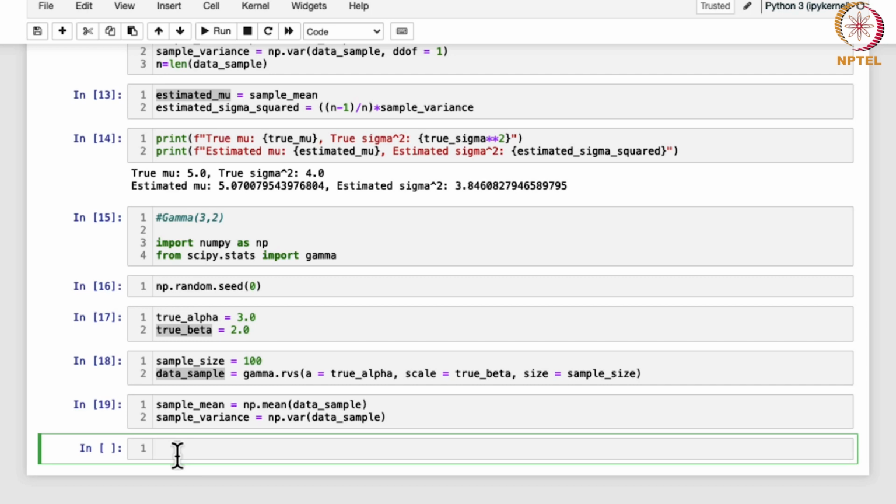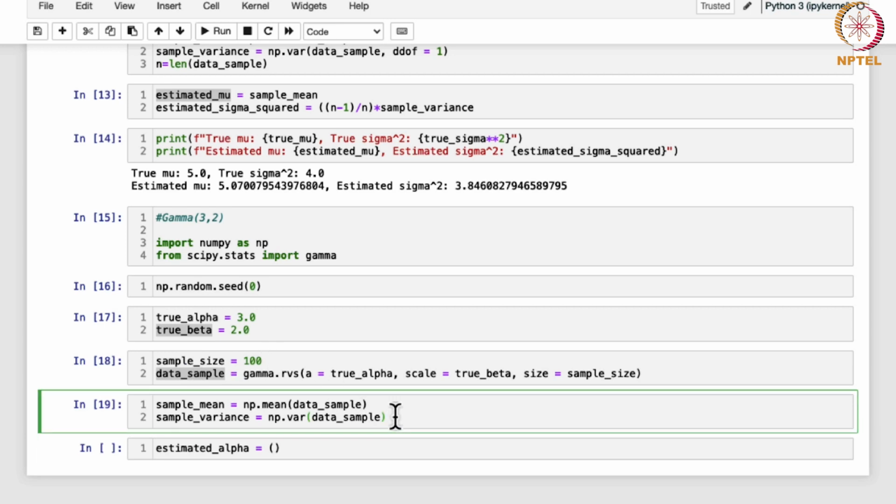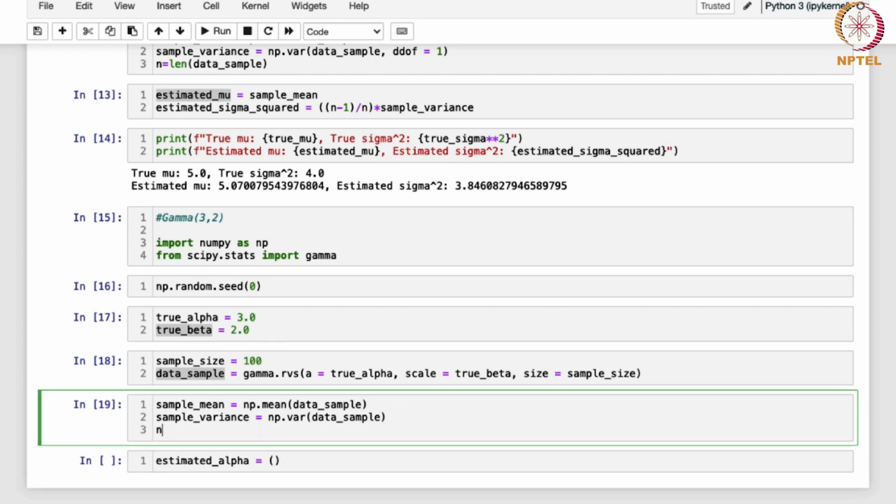So here, estimated alpha is n times the sample mean square. For the sample size we have used 100, let me use n for this so that it would be easier to write. Let n be the length of this data sample.